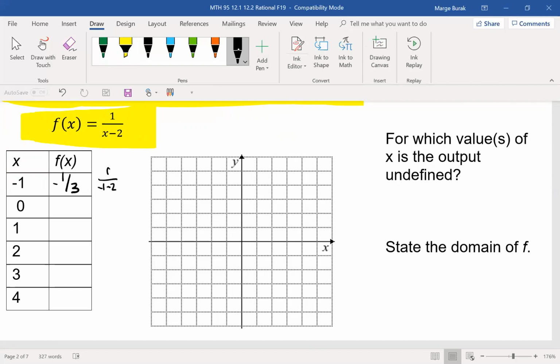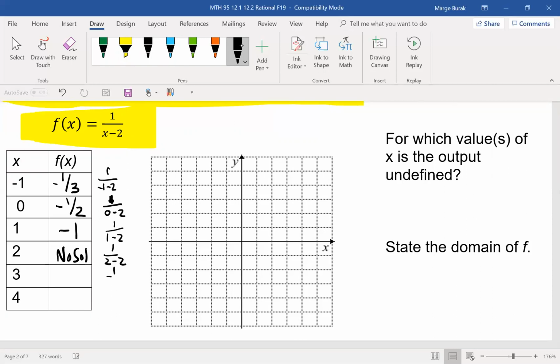If x is 0, that would be 1 over 0 minus 2, or -1/2. If x was 1, I'd have 1 over 1 minus 2, or 1 over -1, which is -1. With x equal to 2, 1 over 2 minus 2 is 1 divided by 0. No solution. That's a sad face. I should do it mathematically. There is no solution.